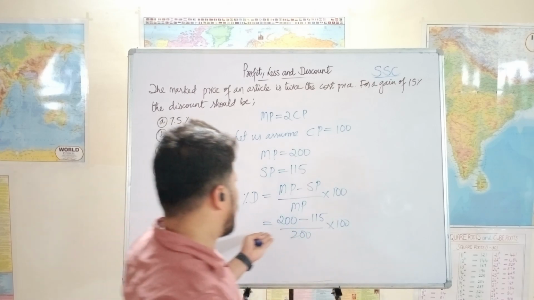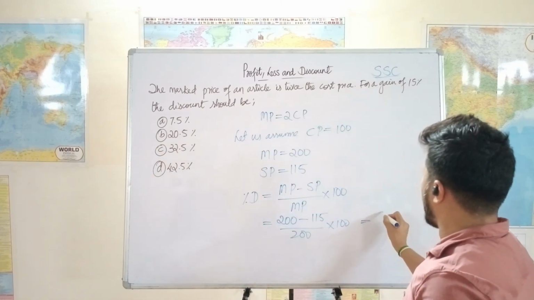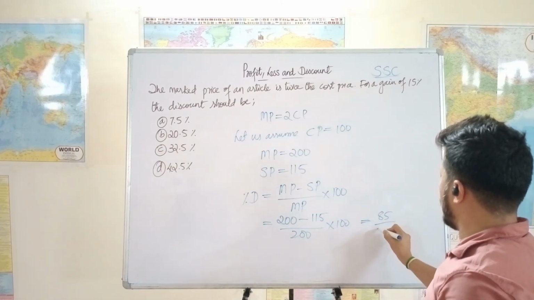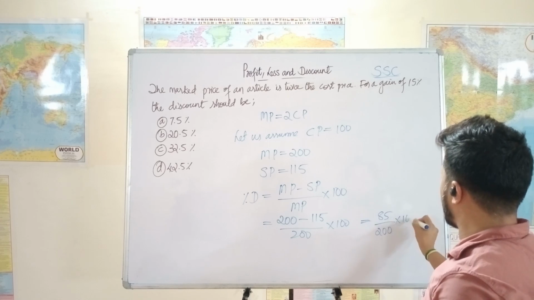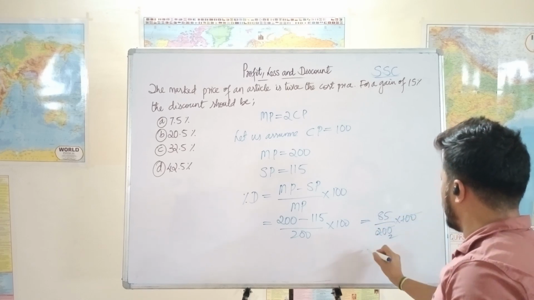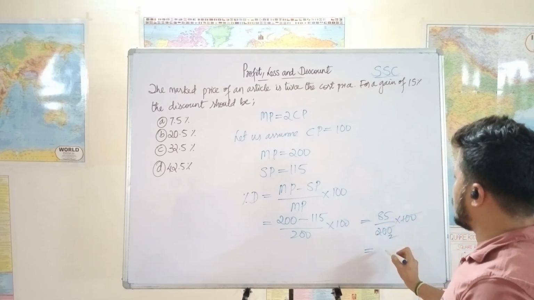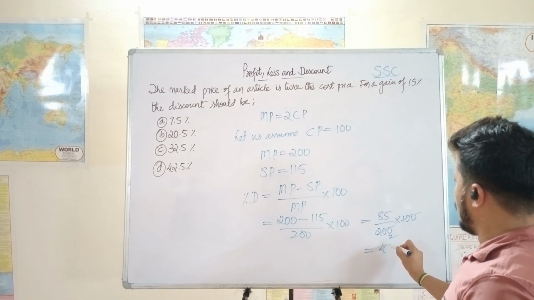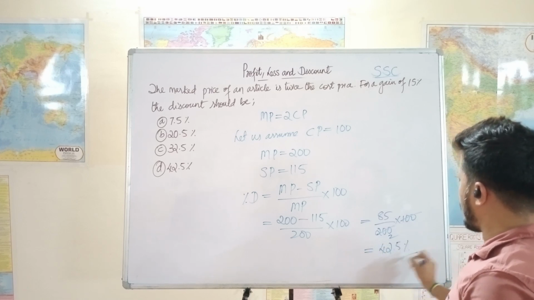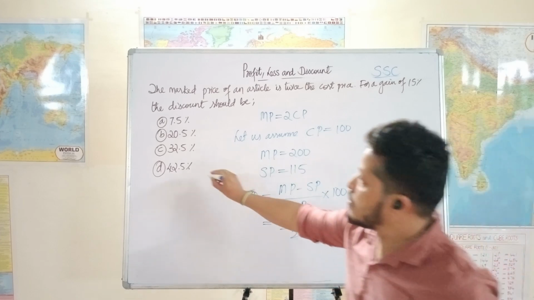Which is 200 minus 115 is 85 divided by 200 into 100, 1s are 2s, is equal to 85 by 2, is 42.5, option D.